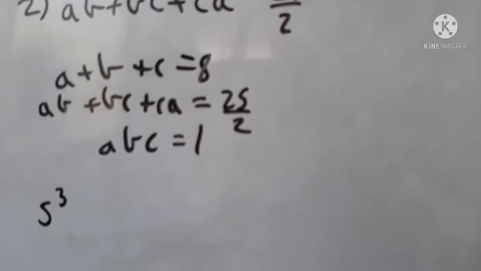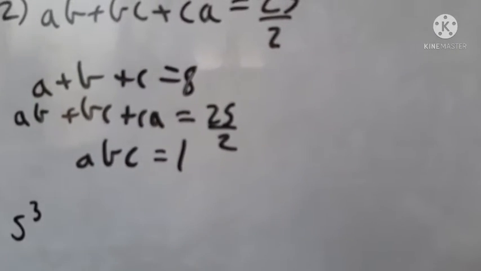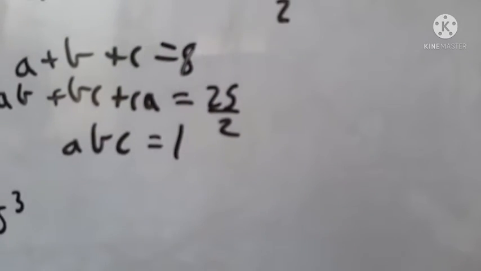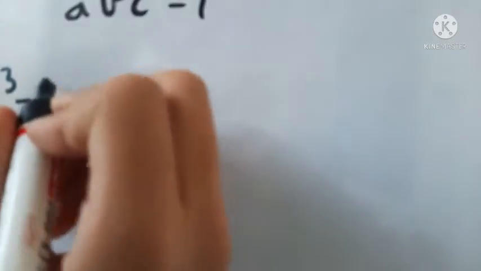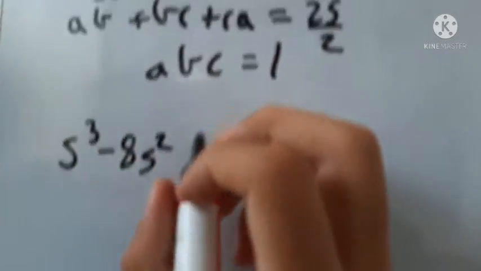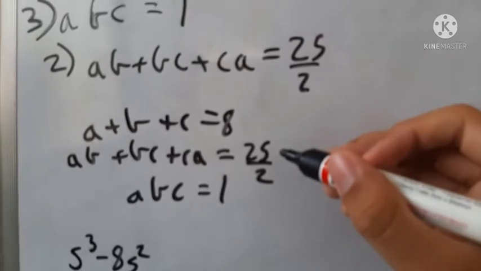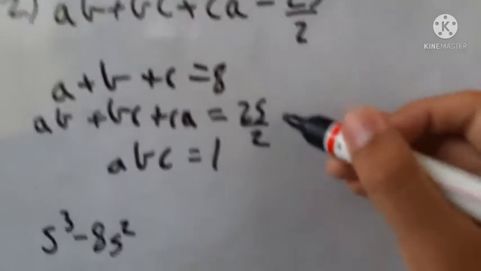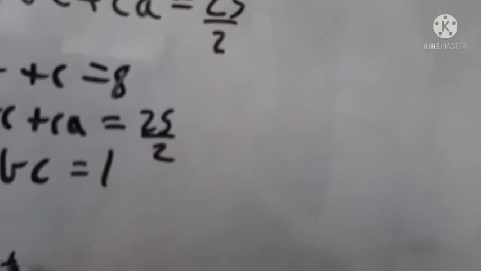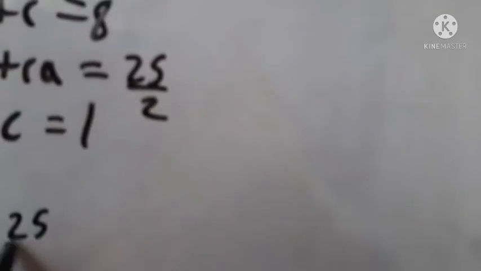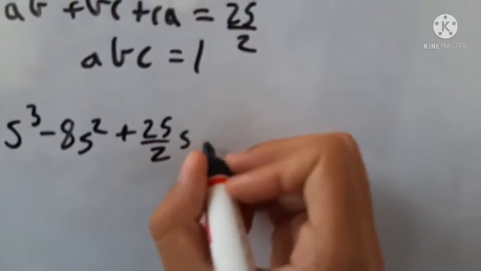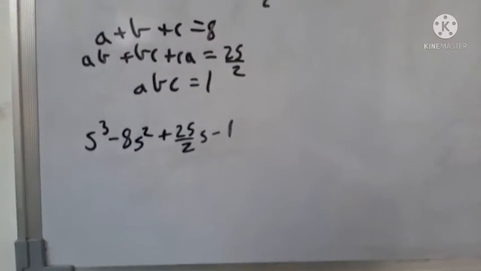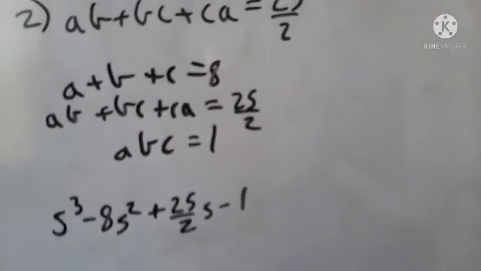So a is 1, so minus b, that's minus 8s squared. This is supposed to be c over a, so that's plus 25 over 2 s, and minus 1. Yeah, that seems about right.